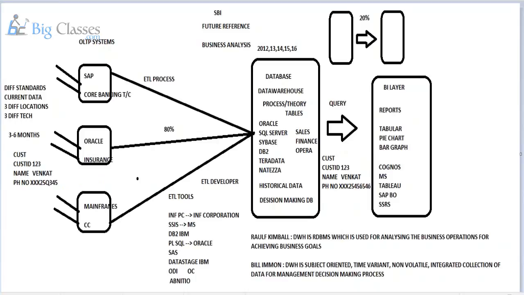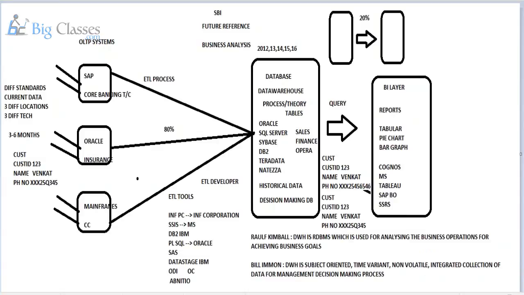But the change that happens within the OLTP system will not update the information in the data warehouse. The change that is taking place will be entered as a new record into the database. So the data warehouse is a non-volatile database where the data will not change.